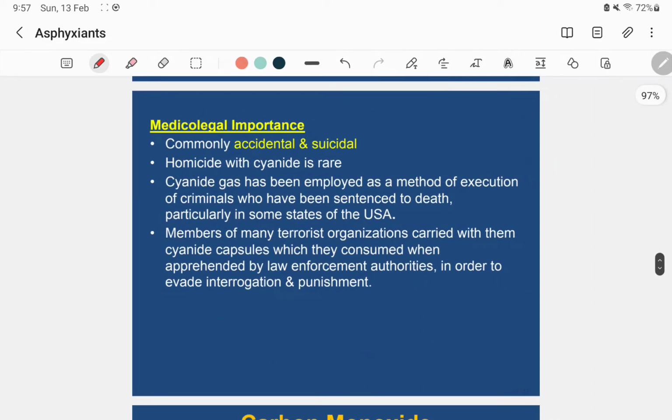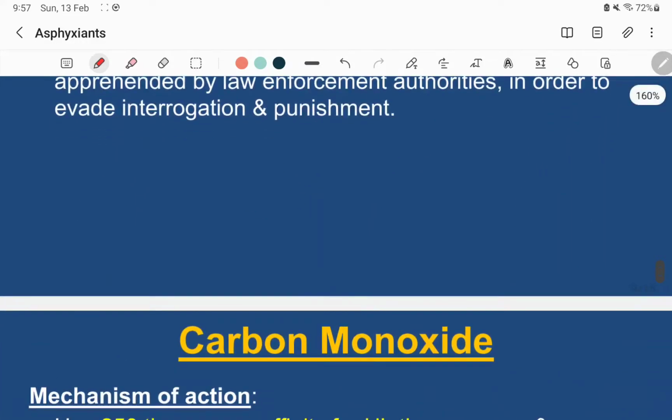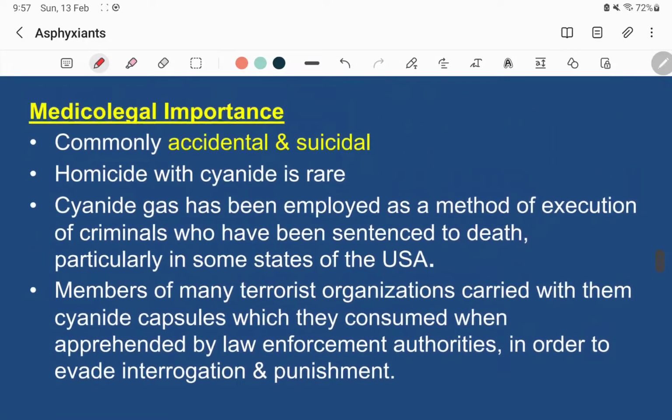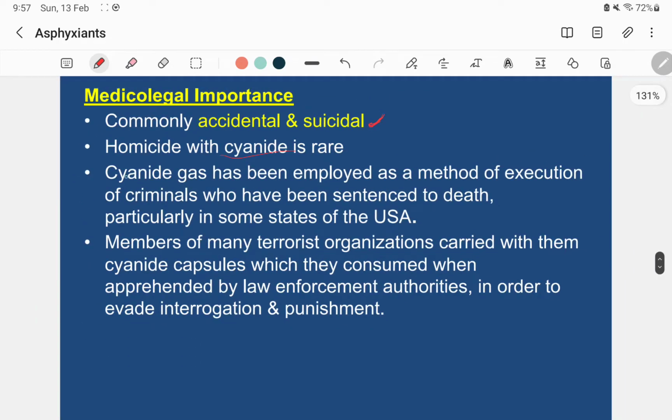So what is the medicolegal importance? The medicolegal importance of cyanide poisoning is that it is associated mostly with accidental or suicidal cases. Homicide with cyanide is rare because it is very hard. Cyanide gas has been employed as a method of execution of criminals who have been sentenced to death, particularly in some states of the United States of America.